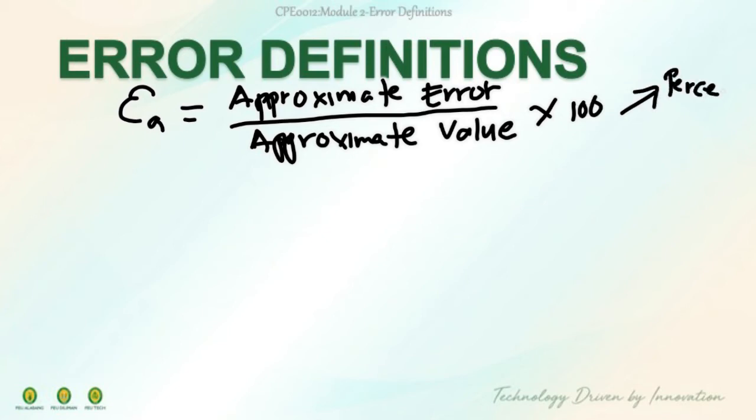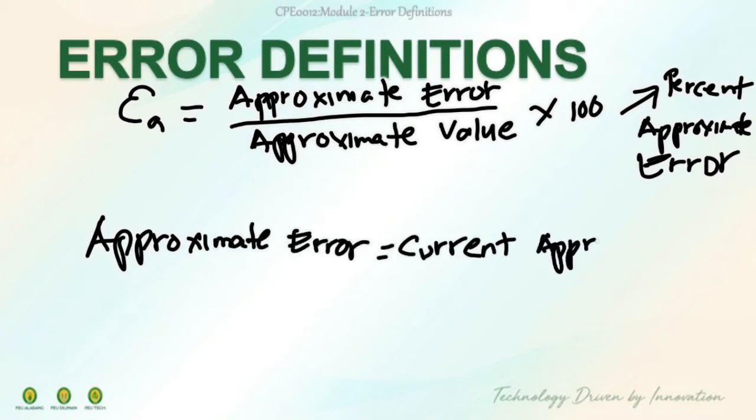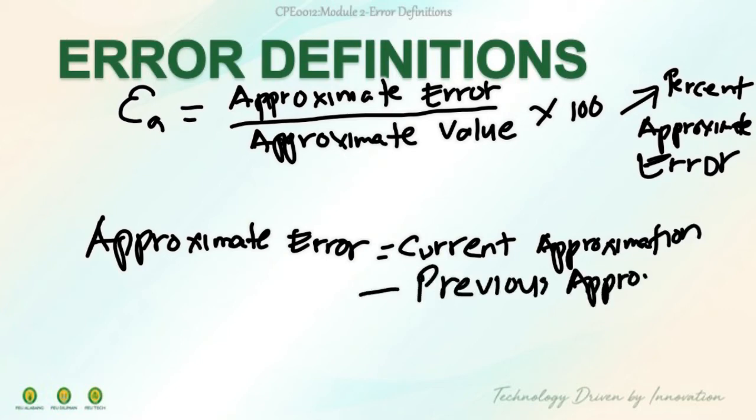And then of course, I skipped one step. How do we come up with our approximate error? Well, it depends on what method we use, but often we use an iterative method. And if we use an iterative method, then we can say that the approximate error is equal to the current approximation minus the previous approximation.